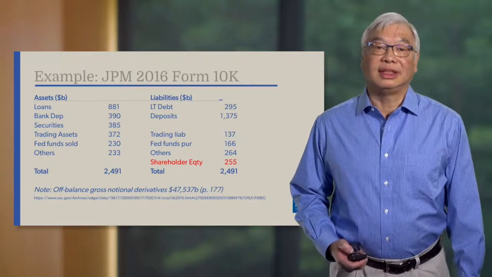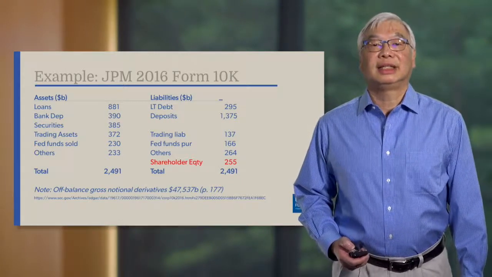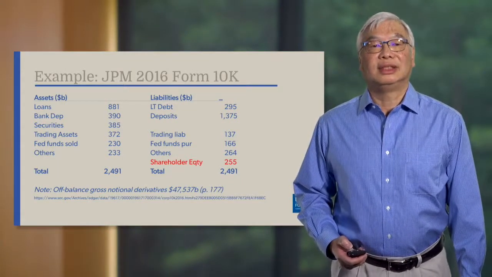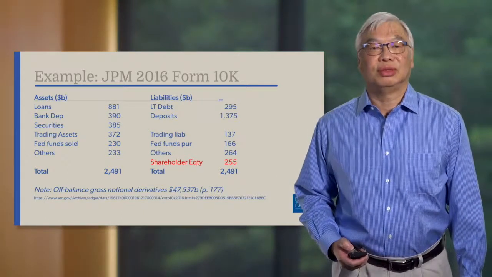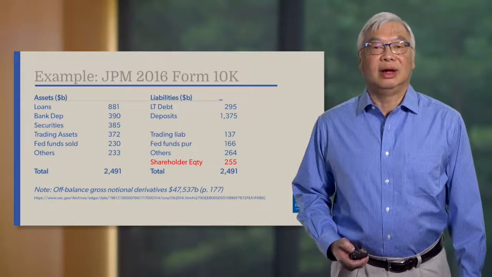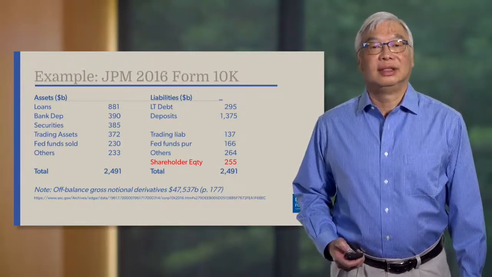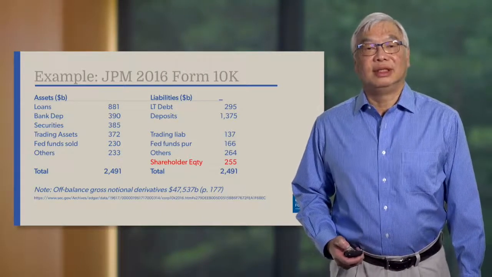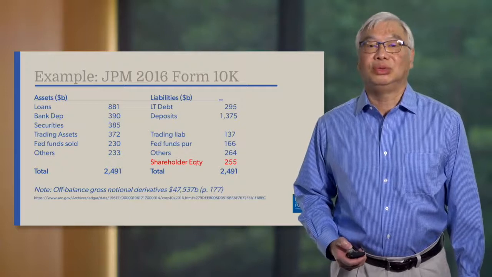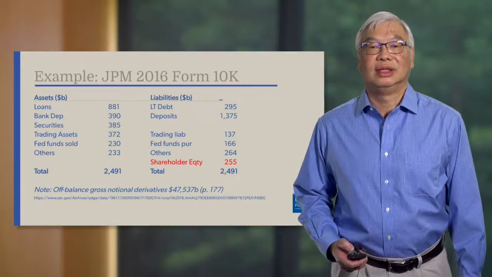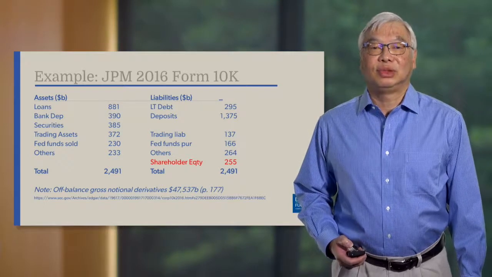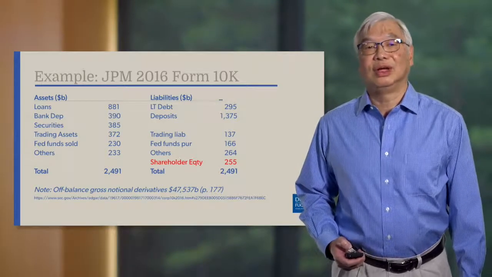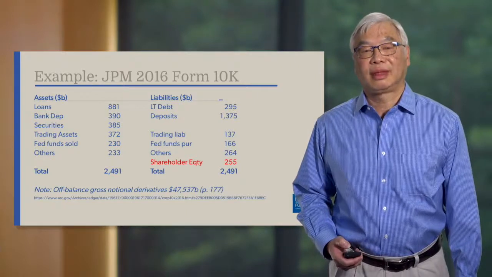On the left-hand side of the table are the assets held by the bank. You can see that JP Morgan has about $2.5 trillion worth of assets. On the right-hand side are the bank's liabilities, which come to about $2.25 trillion. The difference is about $250 billion of shareholder equity.